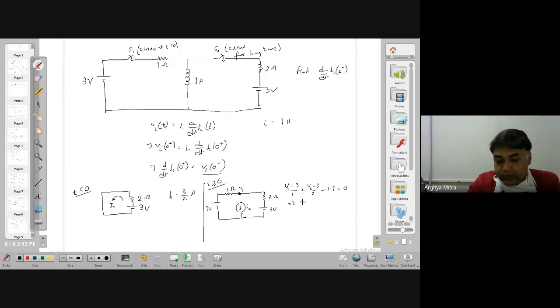So that means 3VL is equal to 6. Therefore VL of 0 plus is equal to 2 volt. Therefore, d dt of IL of 0 plus is equal to 2. The unit cannot be volt. It is equating with the magnitude, not with the unit. It is d dt, current with respect to time, so it is ampere per second.